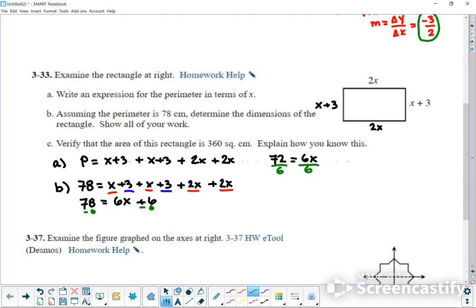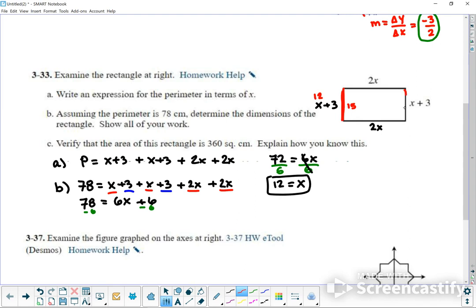And if you don't know it, use a calculator. But that comes out to be x equals 12. So the x is just 12. Okay, so that means you're going to put 12 in place of x. So the dimensions: this side is going to be 12 plus 3, or 15.